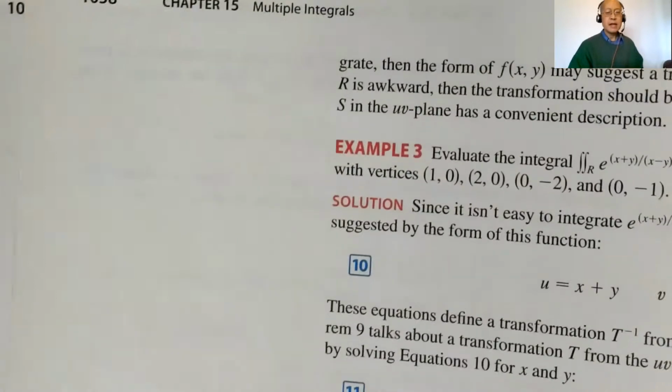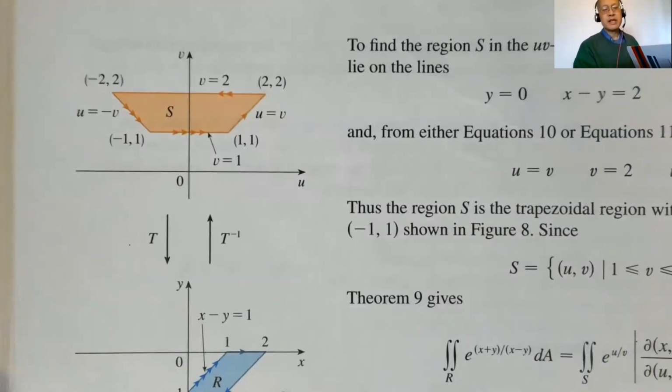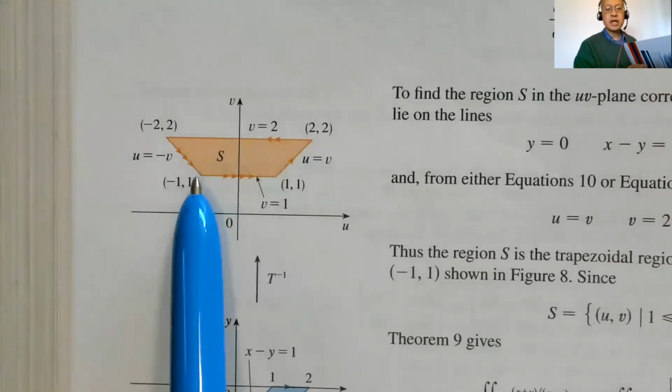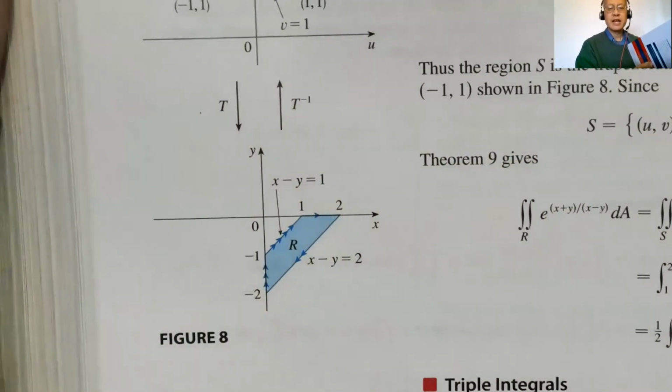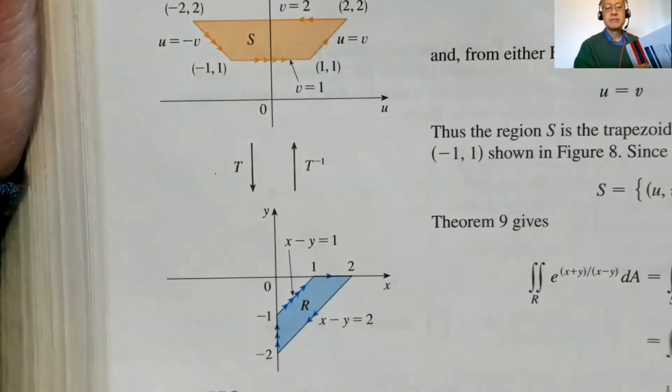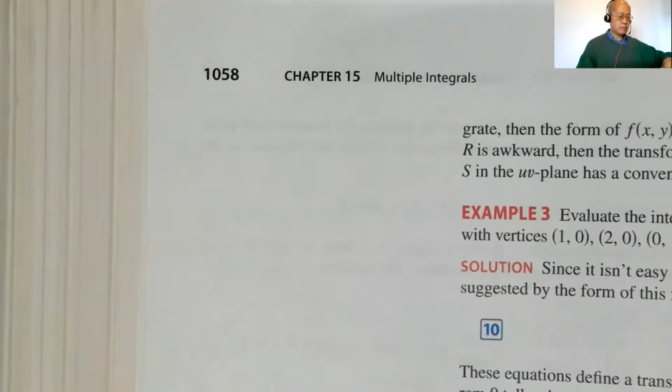Again, I don't give you too many of those problems because it's going to be really, really long. Oh, here's a nice little picture. This is bad enough on page 1058, but you could have this region in u and v ending up looking like that in x and y. So very rich possibilities of what could happen.